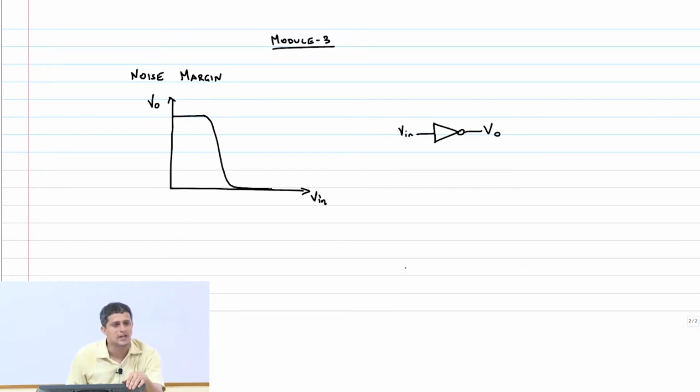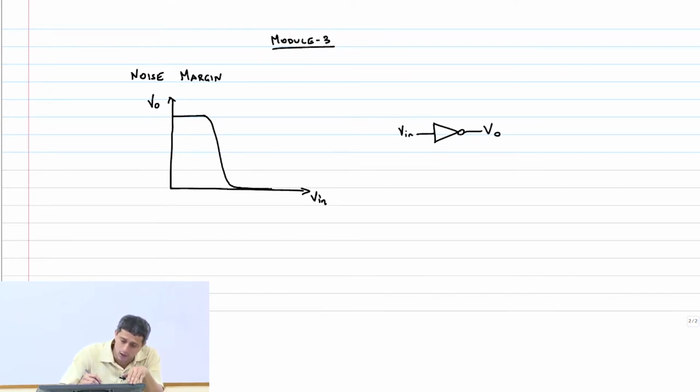Right? So we said that the point at which the slope becomes -1 is a point of interest, because to the left of it, on the lower side, the gain is less than 1, which means any noise will get attenuated, and the output will be robust and stable at that particular value.